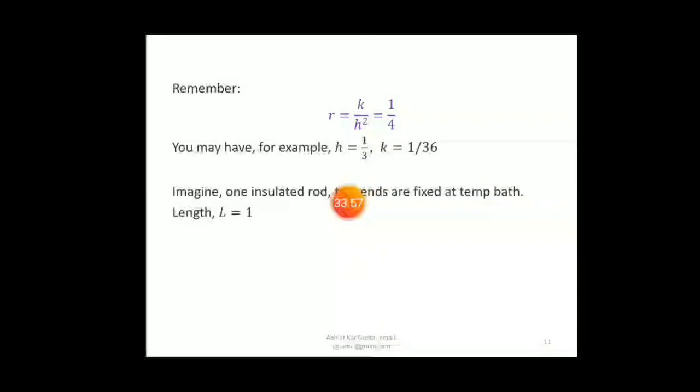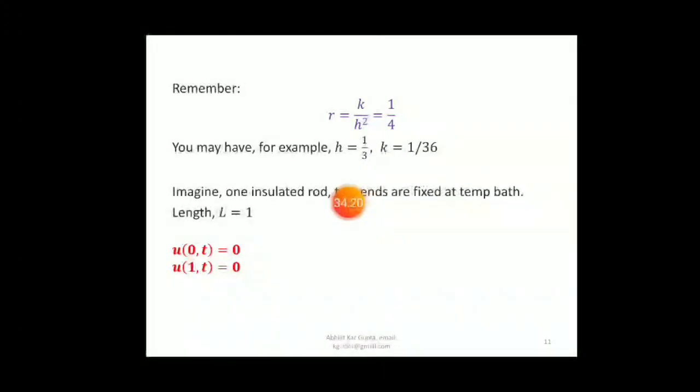Imagine the length of the rod is 1, and the boundary and initial conditions you can write in this form: u(x,t), where x is 0 is the left end of the rod, and time is any time, so u(0,t) you can put at 0.